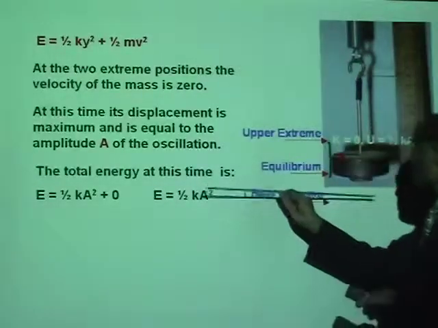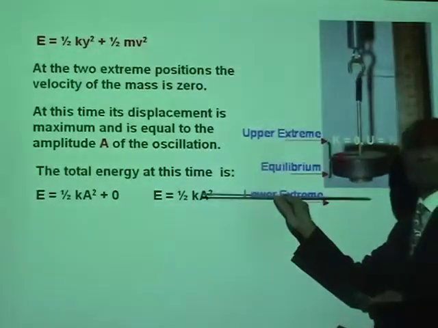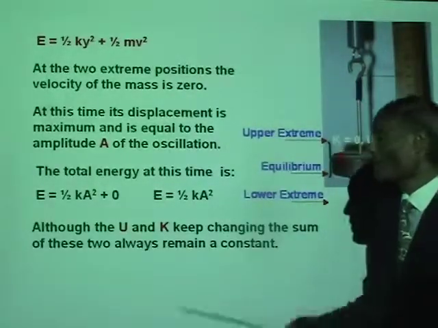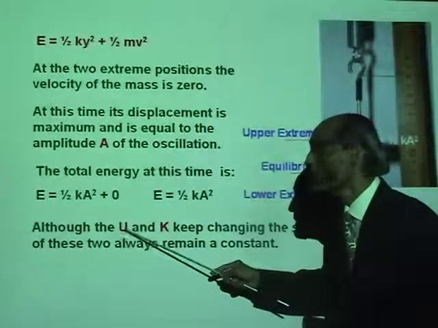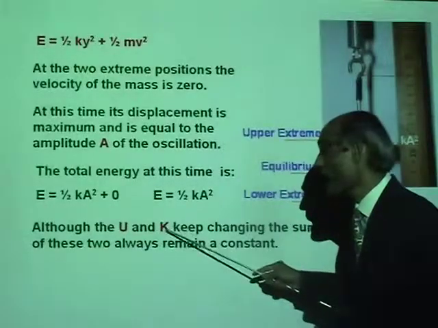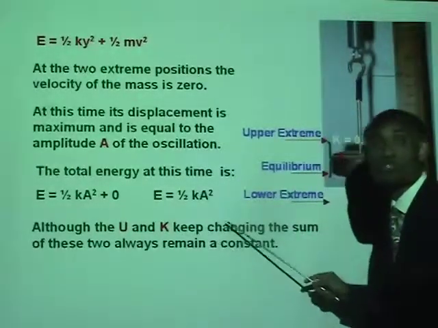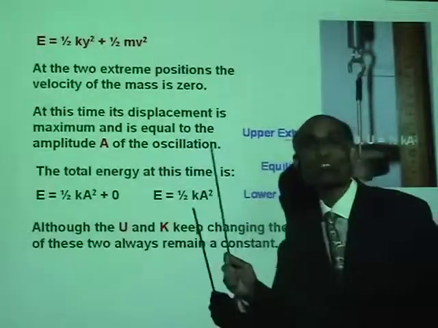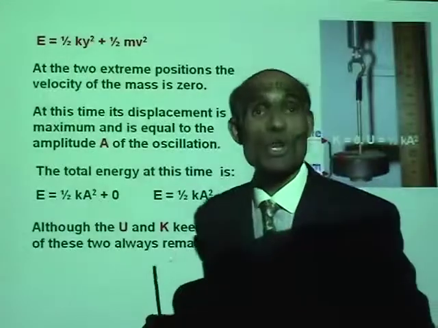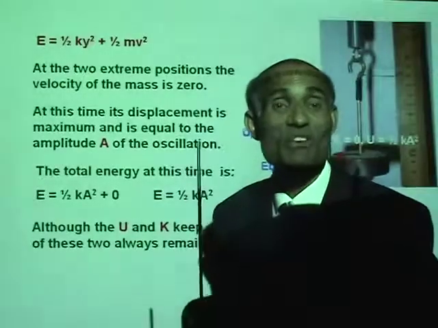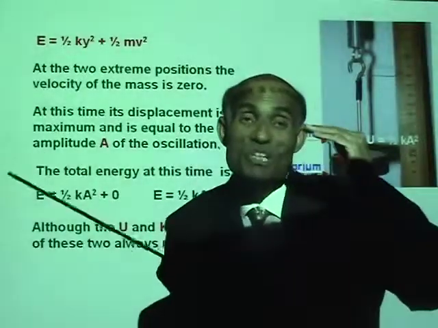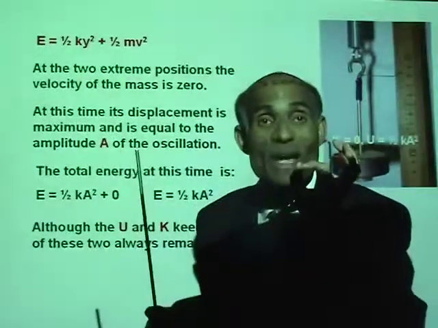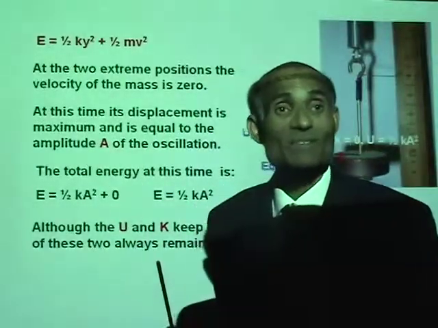How about the total energy at the lower extreme? Will also be 1/2 k A squared. Although the potential energy and kinetic energy keep changing, the sum of these two always remain a constant. The law of conservation of energy tells you that energy can change from one form to another, but the total energy remains a constant.